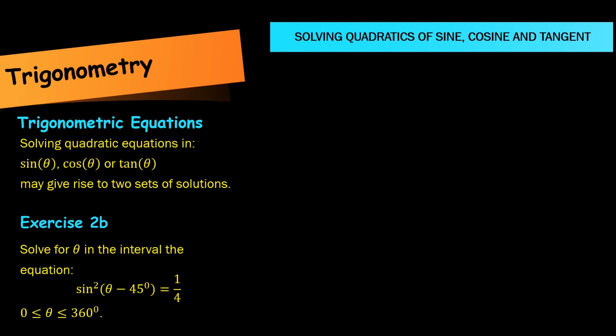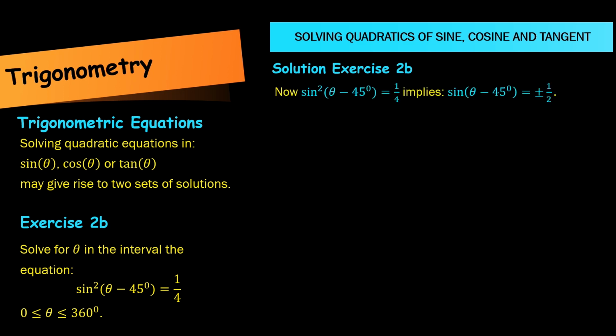Now let's solve exercise 2b. We are required to solve for theta in the interval the equation sine squared of theta minus 45 degrees equals 1 over 4 for theta between 0 and 360 degrees. So let's solve this.